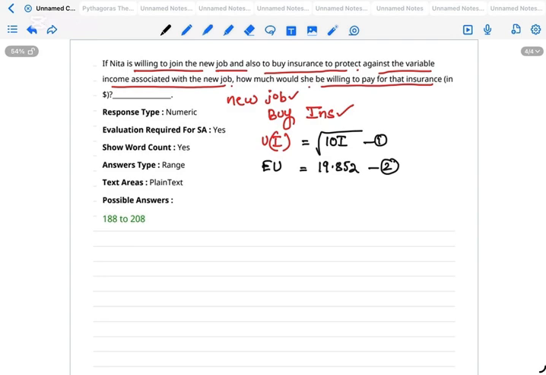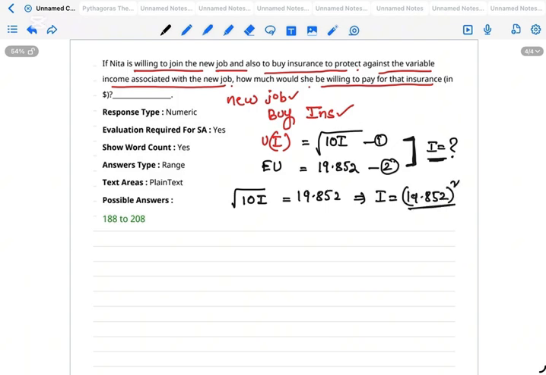If both are equal, we find the income value: the square root of 10I equals 19.852, which implies I equals 19.852 squared divided by 10. So the income equals 39.41. This is equation 3.